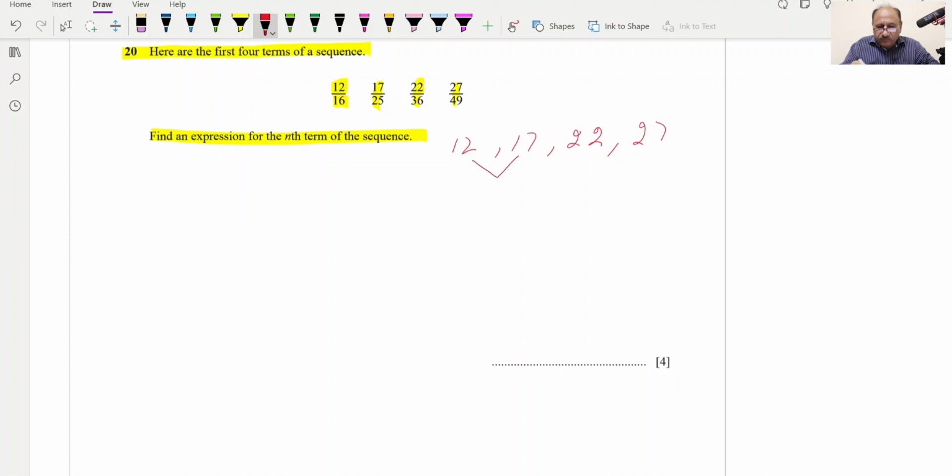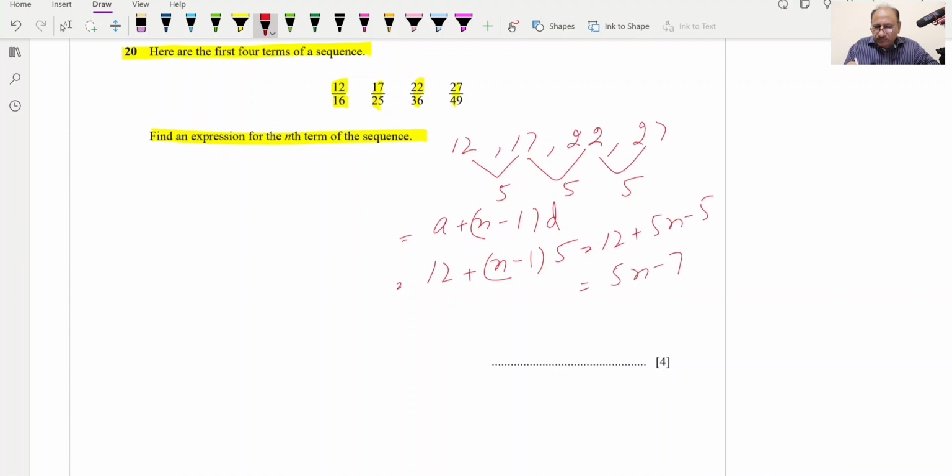If we check the difference, it will be 5, so plus 5 basically, and we can apply the formula a plus n minus 1 into d. A is 12, and n minus 1 into d is 5. So this will be equal to 12 plus 5n minus 5, which is equal to 5n plus 7.